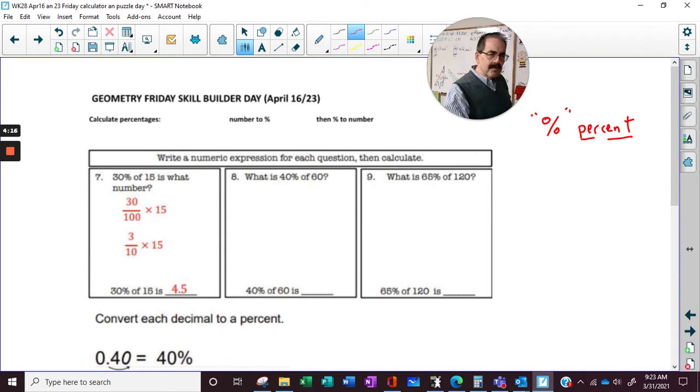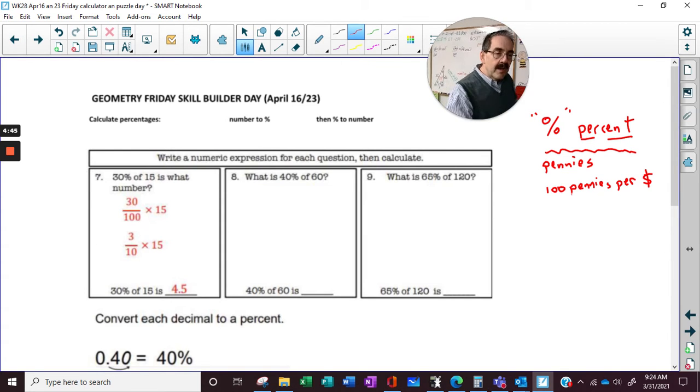Cent. When you think of the word cent, what comes to mind? Pennies. How many pennies in a dollar? 100 pennies per dollar.